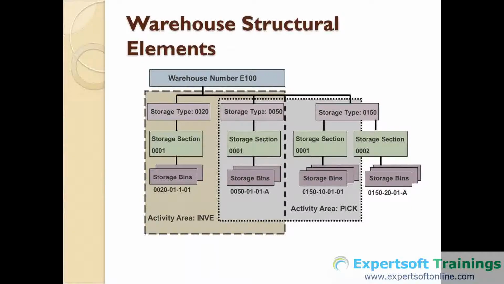Labor management: how effectively you are planning your resources and how they perform in your warehouse, how many activities someone performs within his 8 or 10 hour shift. And returns management and MFS, material flow system.